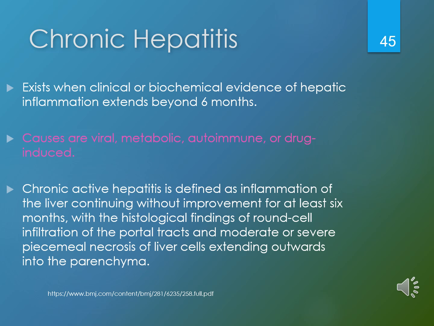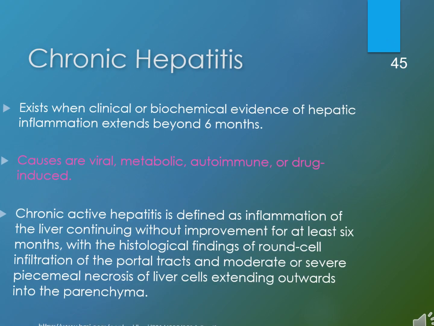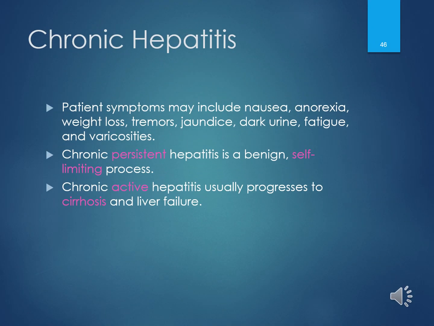Chronic active hepatitis is defined as inflammation of the liver continuing without improvement for at least 6 months, with the histological findings of round cell infiltration of the portal tracts and moderate or severe piecemeal necrosis of liver cells extending outwards into the parenchyma. That chronic active hepatitis usually progresses to cirrhosis and liver failure.